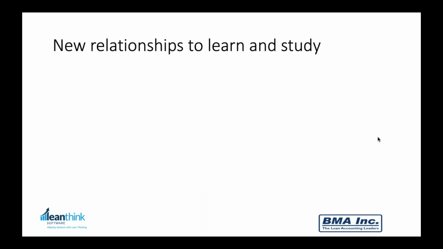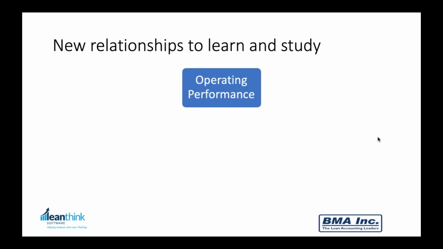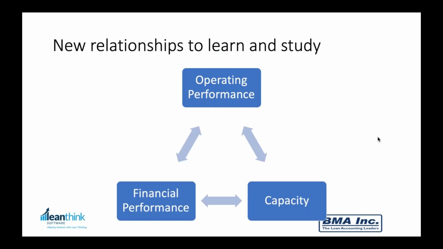We also want to have a box score in place to learn new relationships, operating performance, capacity, and financial performance. The relationships between these numbers. Lean thinking, which is really the best way to describe lean, is about people, employees, and organizations learning.